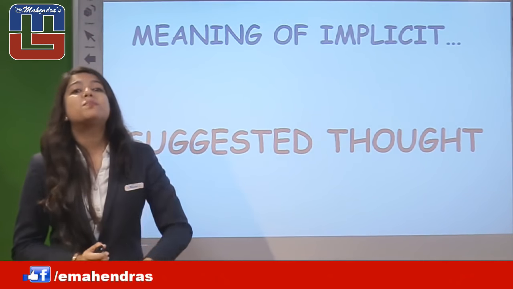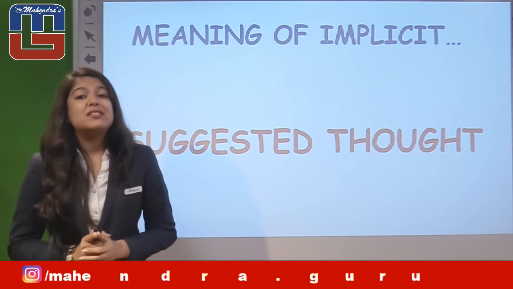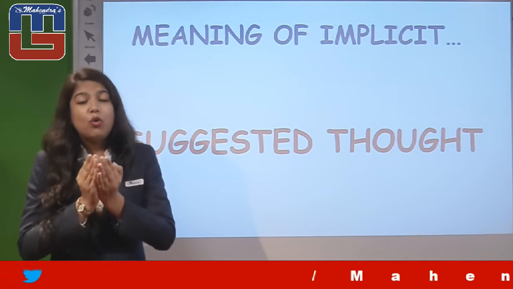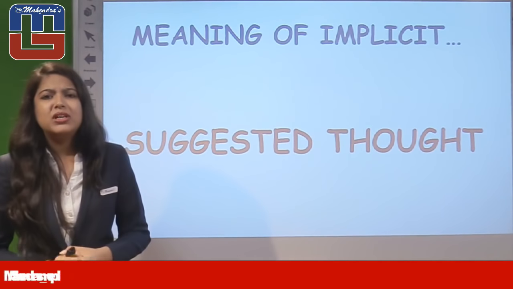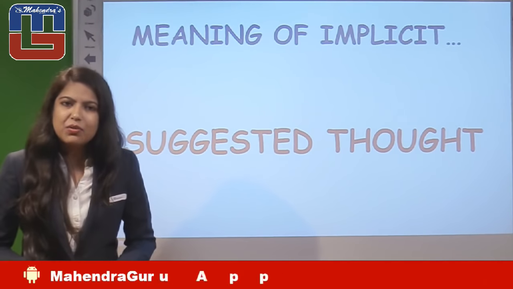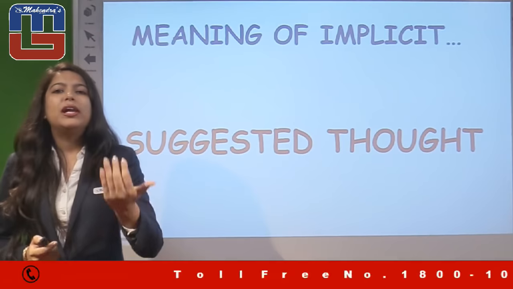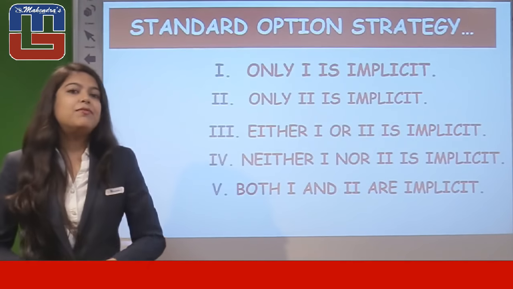This may be the speaker's thought. Getting my point? So this word implicit stands for suggesting what the speaker's, or the action performer's, thinking process was in laying down a statement for you all. Clear? Moving further with that.